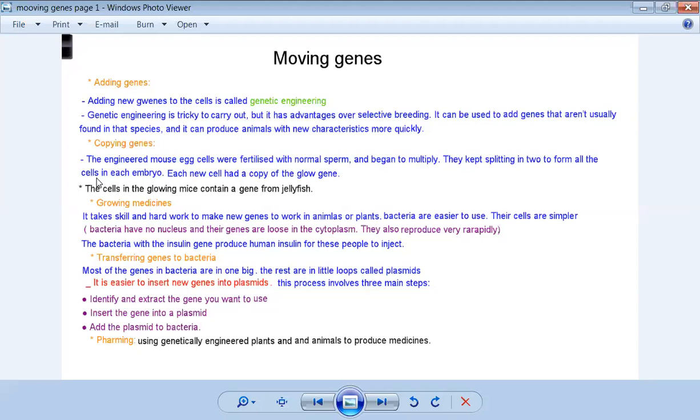When it has offspring or babies, are they going to have the same gene or not? I think different genes. Why? Are they going to have the jellyfish gene, the glowing gene, or not? Of course, they will have glowing. Because they contain genes from the jellyfish.